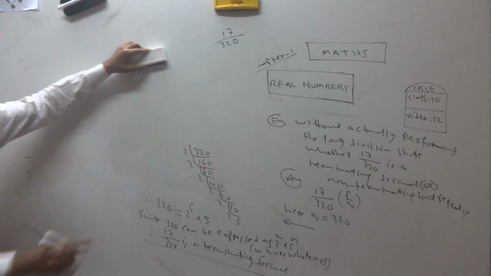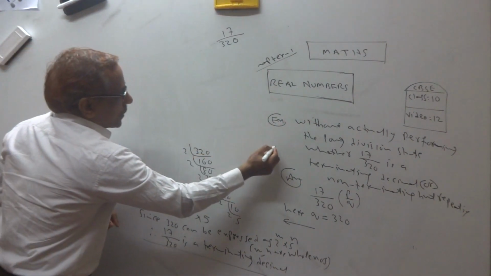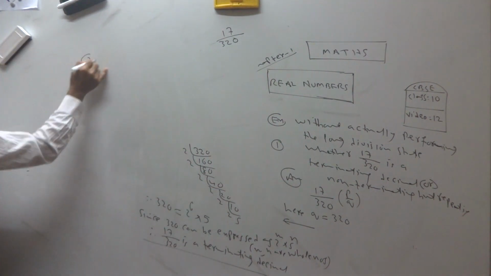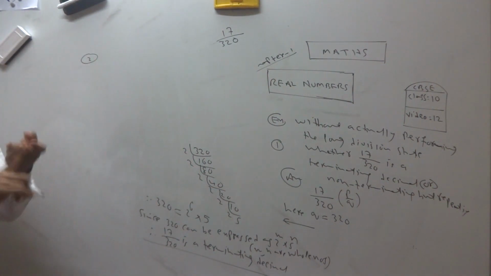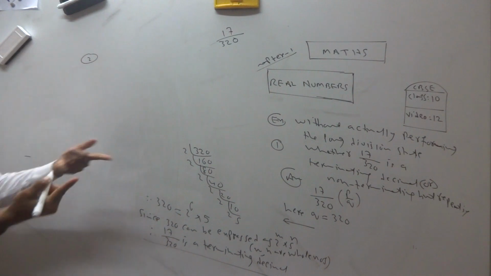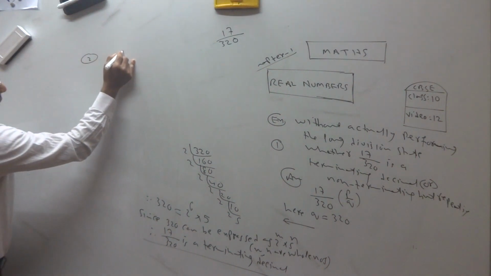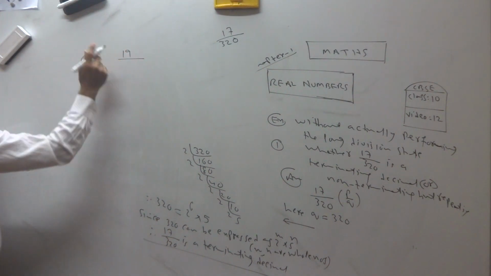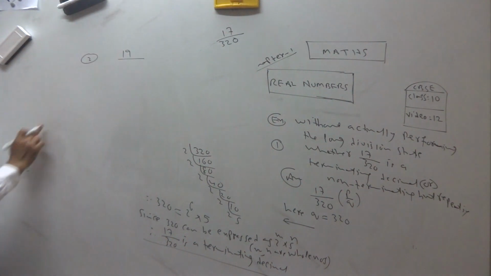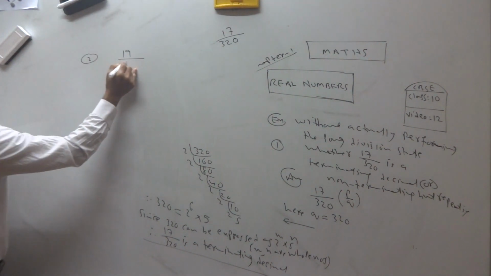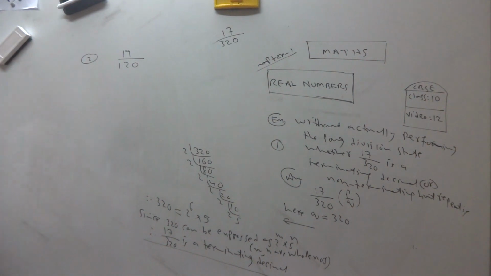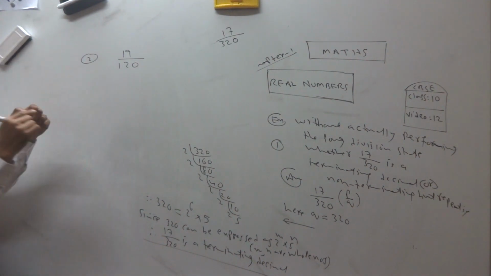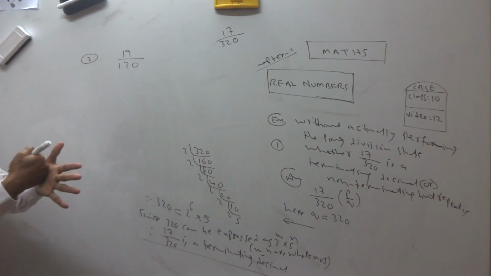The question heading is that. This was one question. Second question, the heading is same. Without actually performing the long division, state whether, this question please, suppose 19 by 120. We have to check whether it is a terminating decimal or non-terminating.